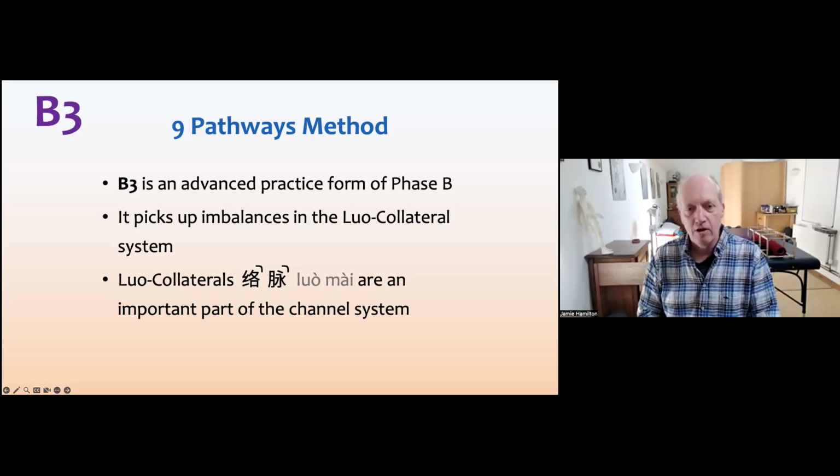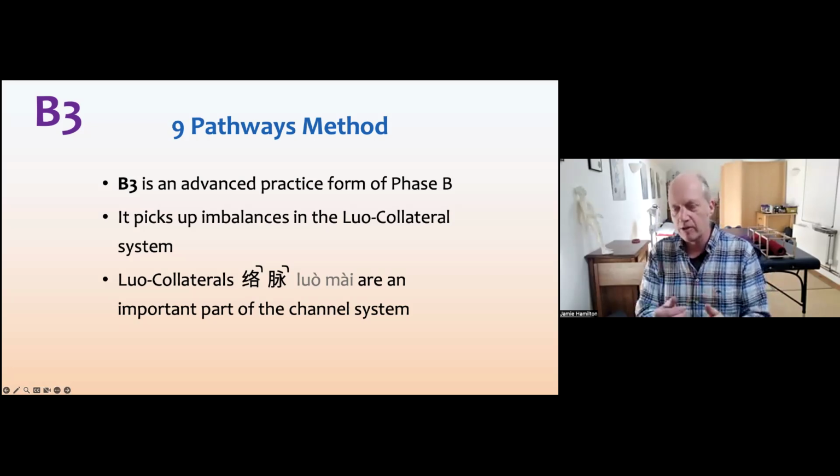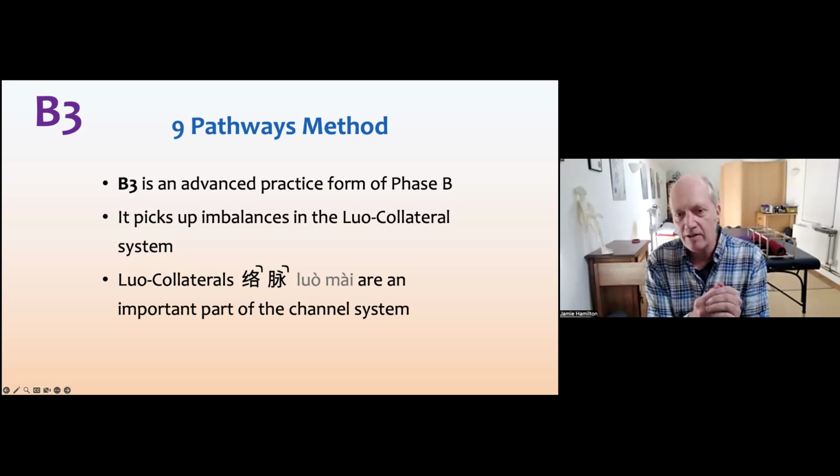So B3 is this advanced form of part B or step B. I think it picks up imbalances in the Luo collateral system. At least if it's not that, it is the sinews, and/or excess findings of the primary channels.